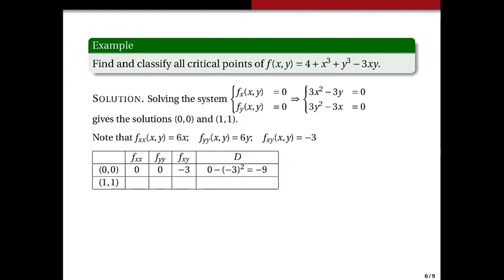Okay? So your d here is negative. According to the second derivative test, this function will have a saddle point at this 0, 0. Okay? So we have a saddle point.